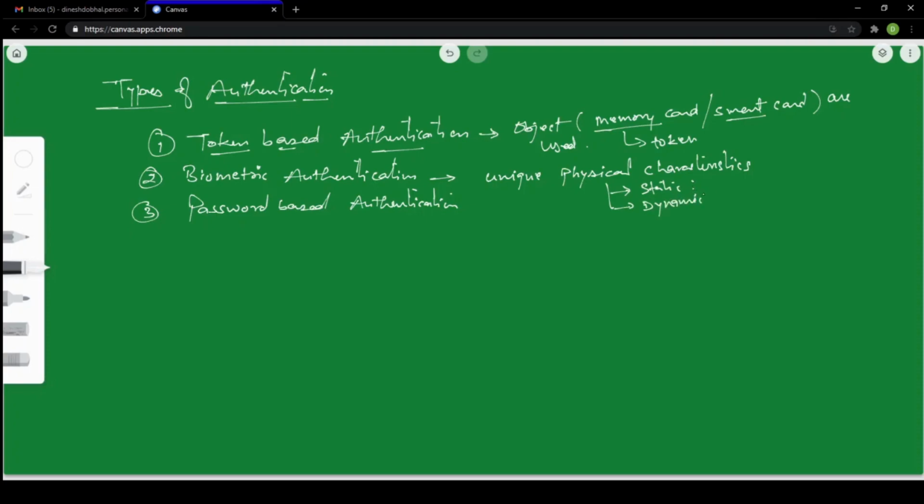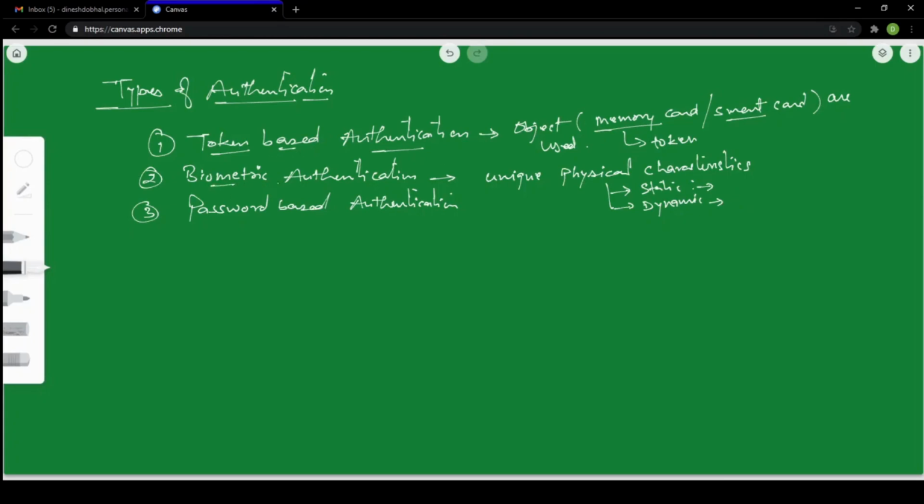In the static characteristics, we could have a fingerprint, hand geometry, facial characteristics, retina, or iris pattern. Whereas in the dynamic characteristics, we can have the voice pattern or a signature of the individual.